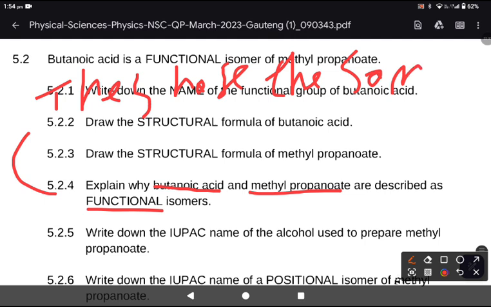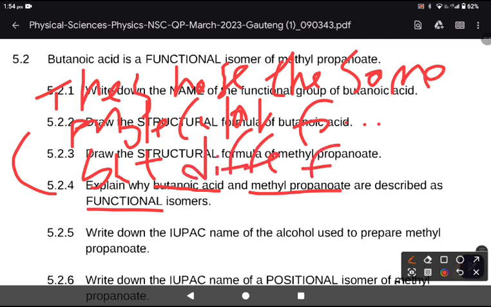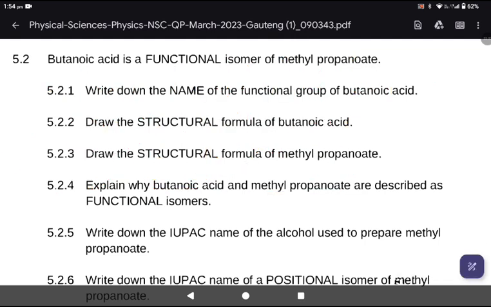This is basically the definition of a functional isomer: compounds with the same molecular formula but different functional groups.